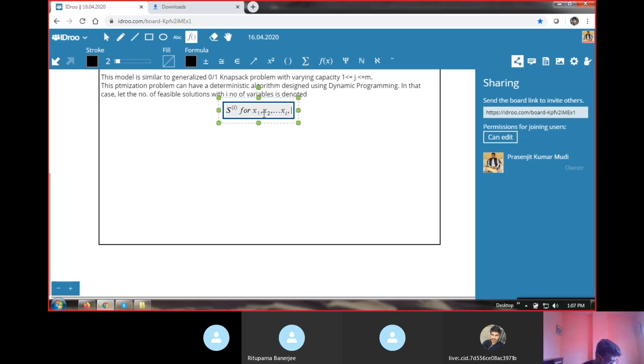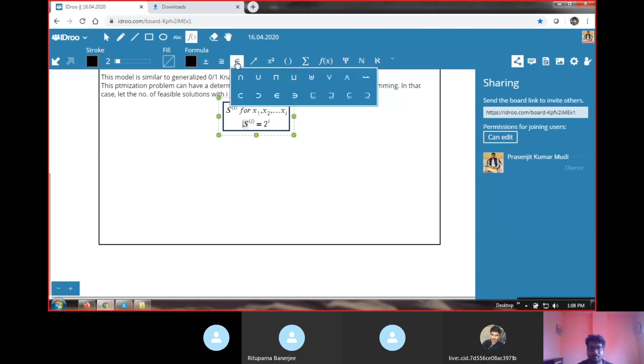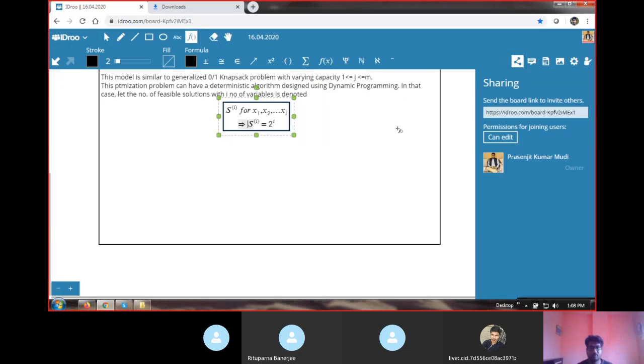So in the next line, you can say that S i is equal to 2 to the power of i. I hope you can understand this.